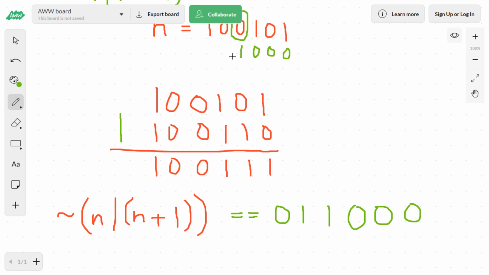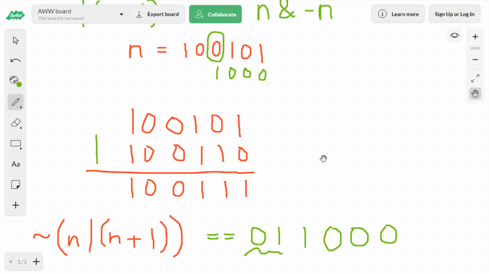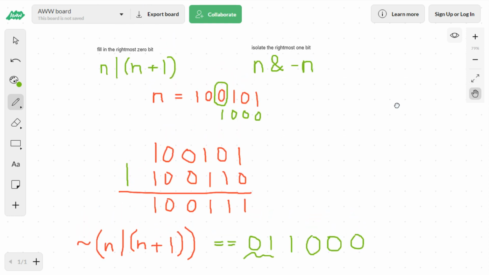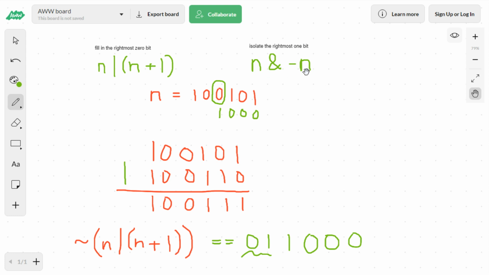Well, take a look. We've got part of what we're looking for here. We've got the 1, 0, 0, 0. It's just that we've got some other junk over here to the left of that. But hey, am I hearing that we want to isolate the rightmost 1 bit? Because we have a way to do that. So take a look. This number that we get here, what we want to do with that is AND that with its negative self.